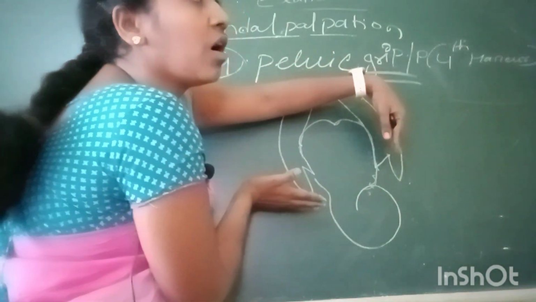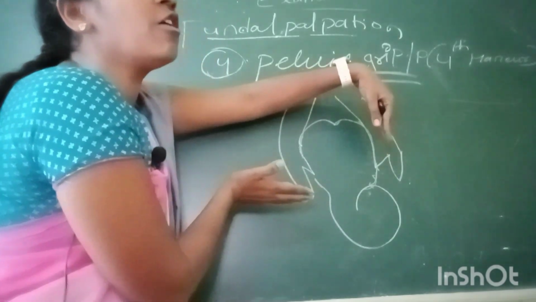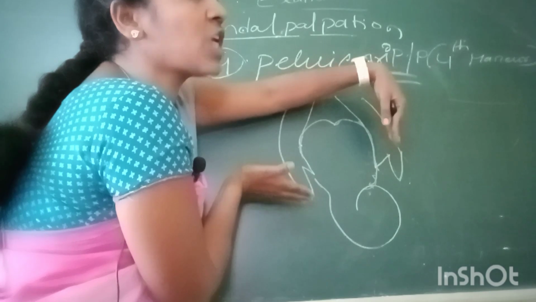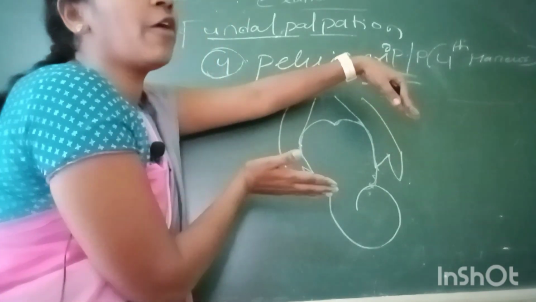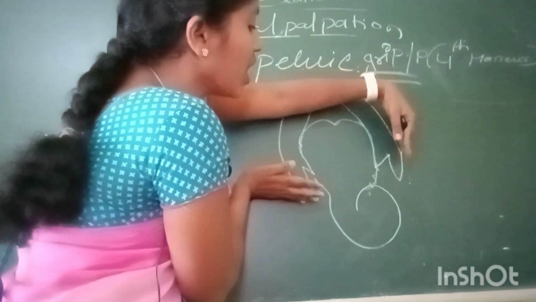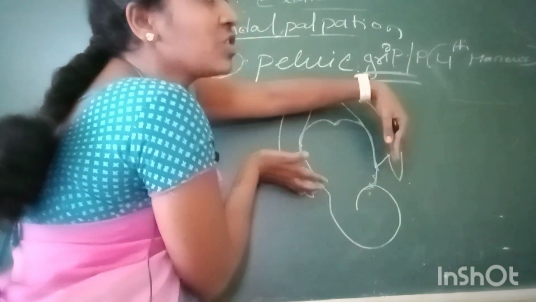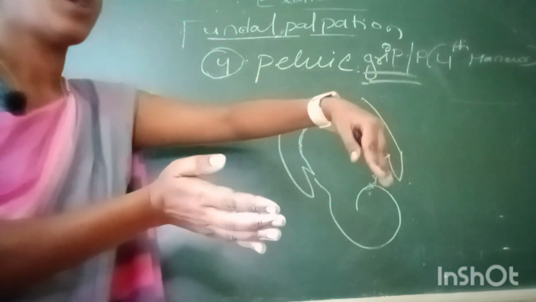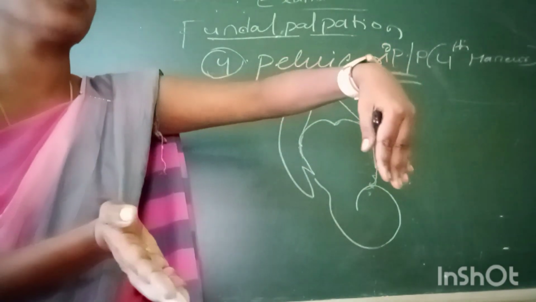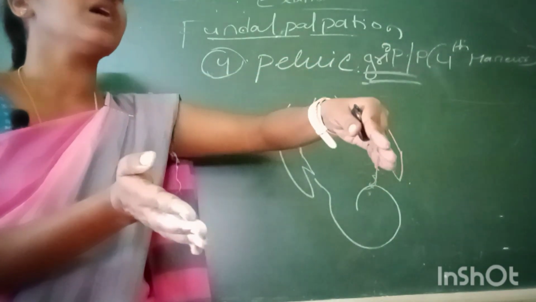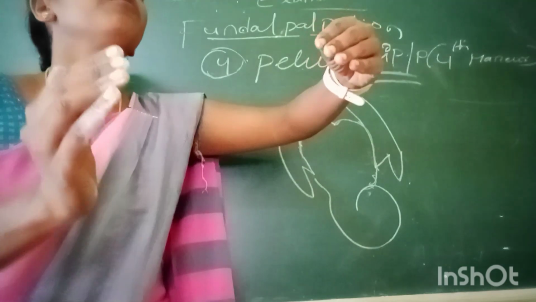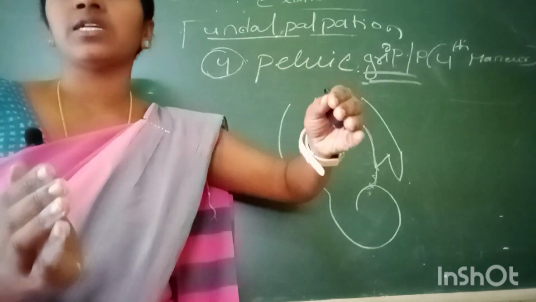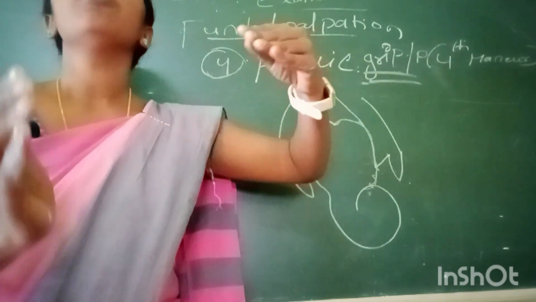We face the feet of the patient and keep our hands opposite to the symphysis pubis and place them under it to check how much the head of the fetus is flexed.